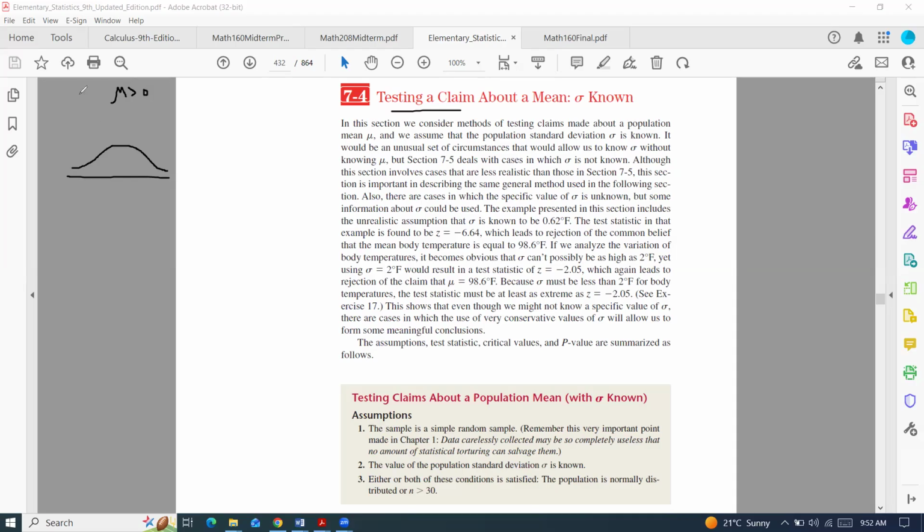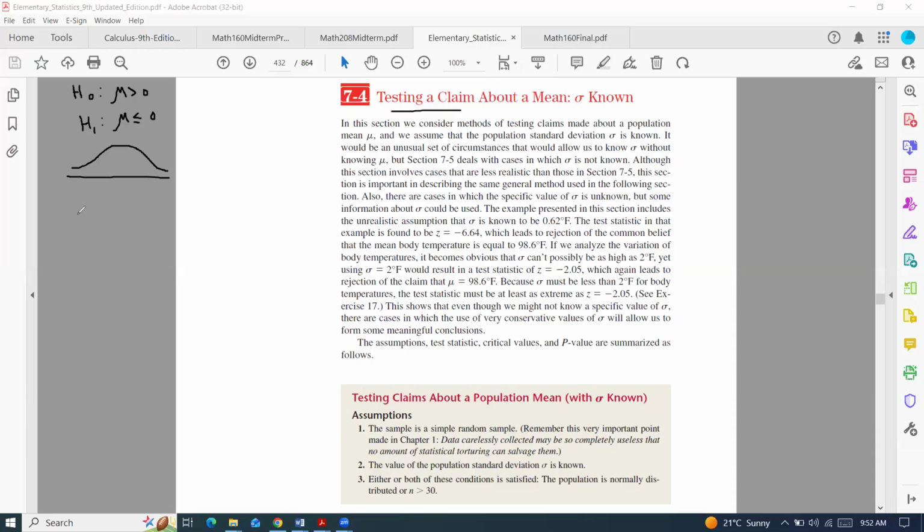If you set this as a so-called hypothesis, they call it H0, that's standard. Then the opposite, H1, will be the opposite of greater than 0, which is going to be less than or equal to 0.